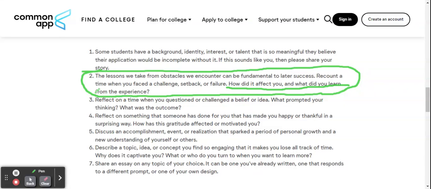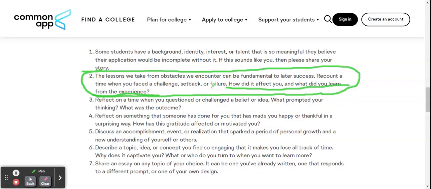You want to be really hyper-focused on how that experience affected you and what you learned from that experience. So please make sure that you don't just focus on the first part of this essay prompt and then just leave the last part as the throwaway.